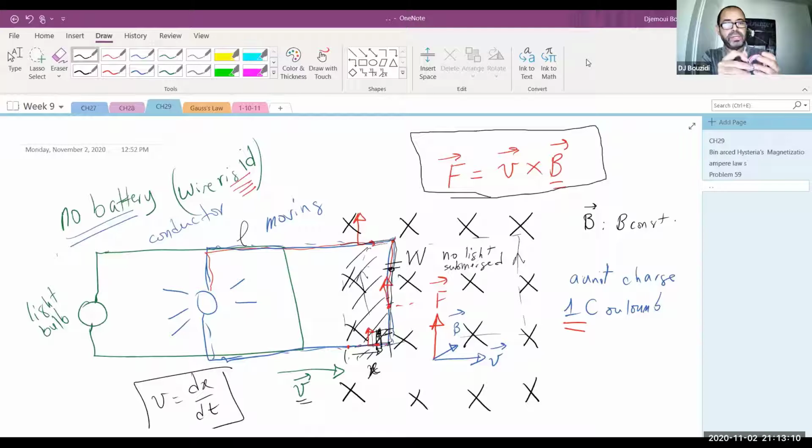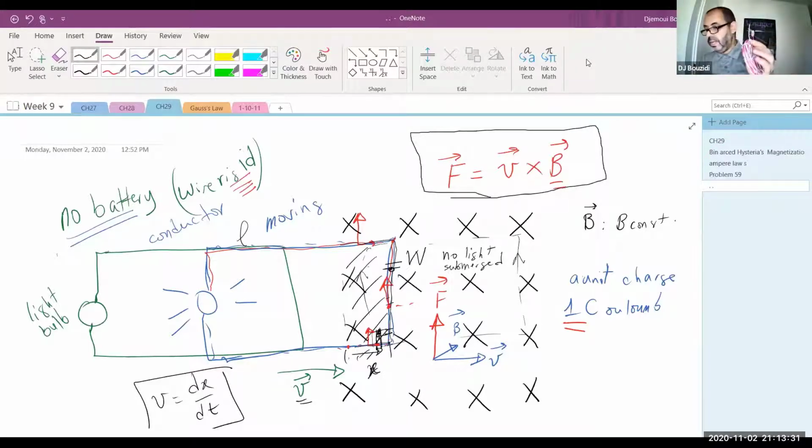If you leave them open, and this is part of problem 59 actually, what you will end up with is an EMF that builds up. There will be a pile up of charges on one side and depletion of charges from the other side. So in other words, you will see an EMF. The minute you connect them with, for example, a light bulb or a resistor or whatever, so I mean any device in here, there will be current flowing because of that EMF.